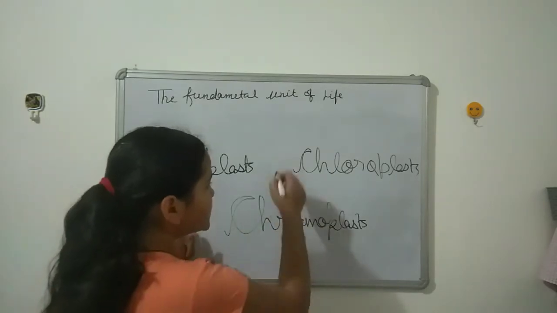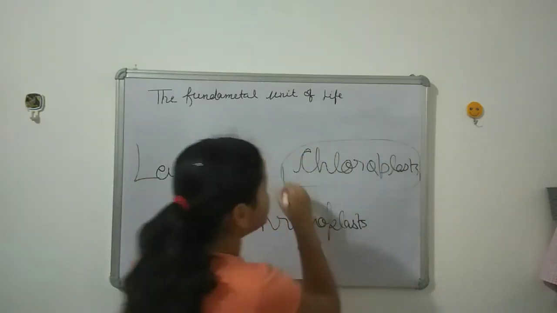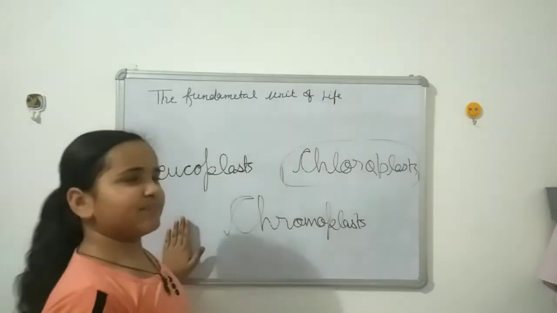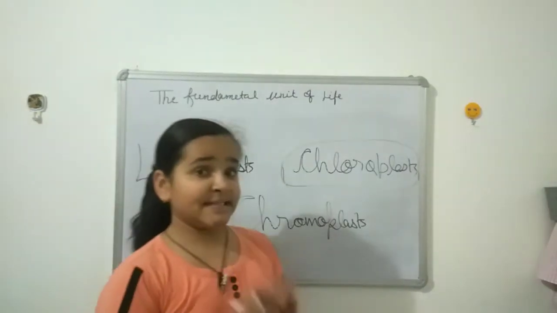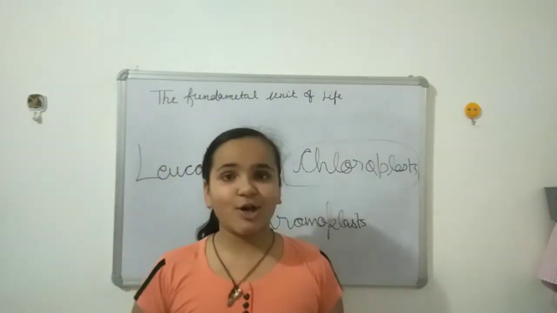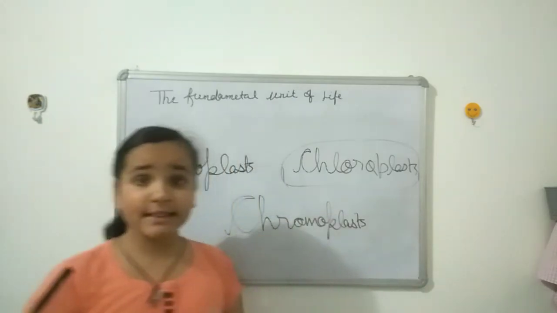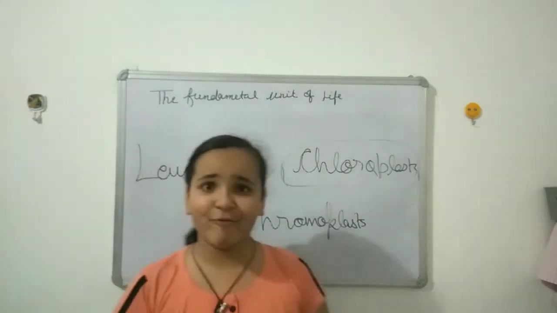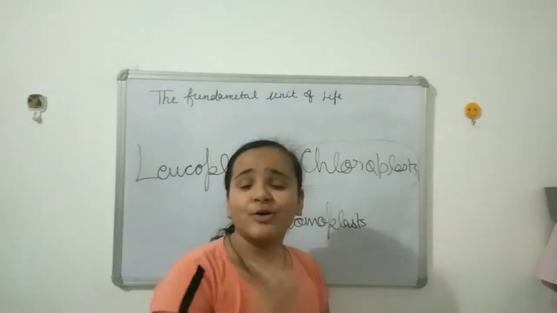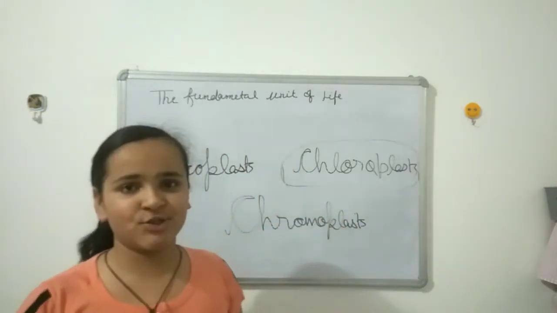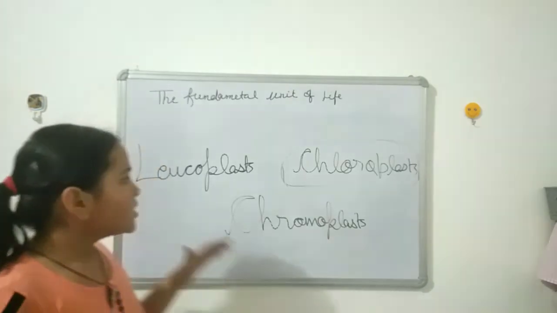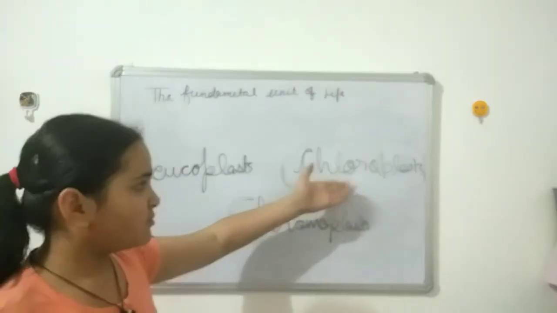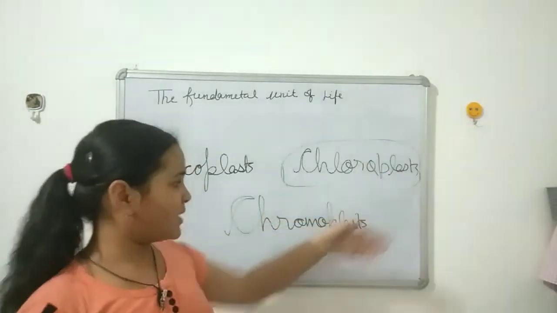Among these three, chloroplasts are the most important. Why? Because chloroplasts contain the pigment called chlorophyll. And you know that chlorophyll is important in photosynthesis, where chlorophyll converts solar light into sugar and oxygen. So this was the function of chloroplasts.